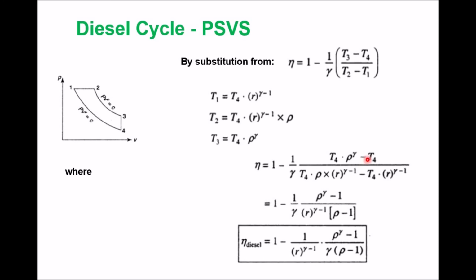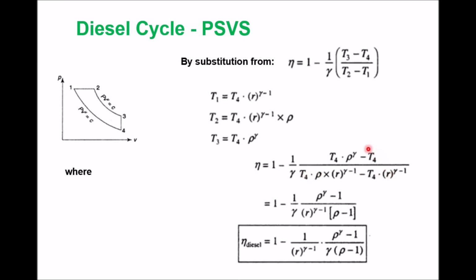So that is by factoring this numerator. Then by factoring the denominator, we also have T4 as a common factor. So T4 here cancels, because there is a common factor of T4 here and there is a common factor of T4 here. That's why the temperature cancels out.